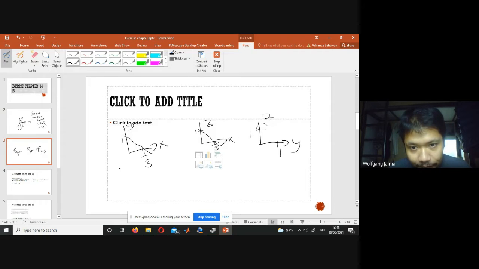So this one is y equals 1 minus 1 over 3 x plus 1.